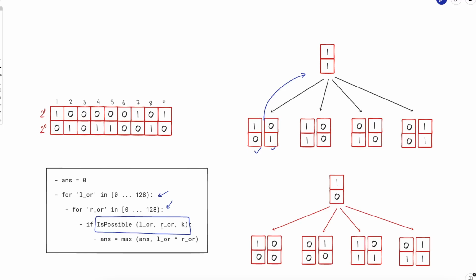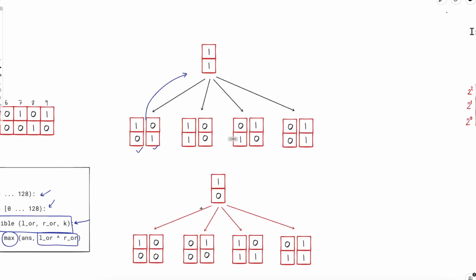If it is feasible, then I know this particular XOR value is also feasible. I will simply take the maximum across all feasible XOR values, and whatever is the maximum, that will be my answer, right? Now this is a correct approach. The only thing is we now need to worry about the complexity of this part, right?